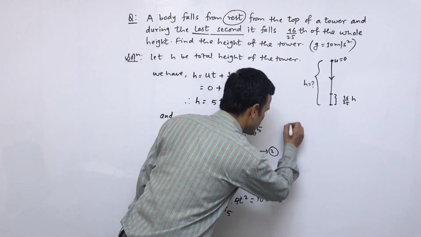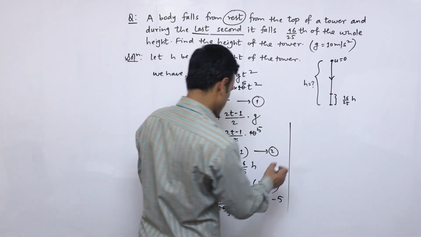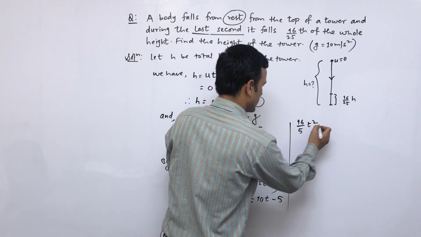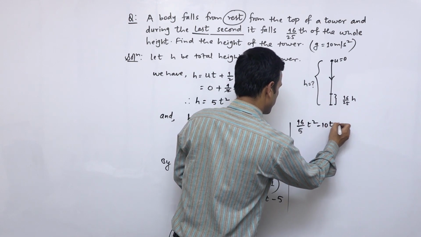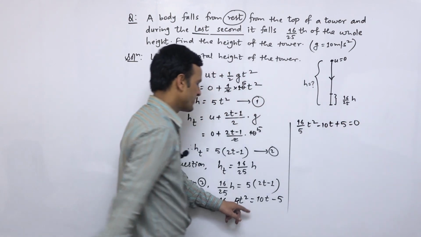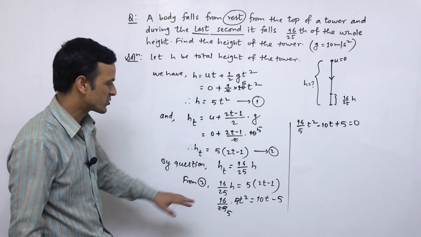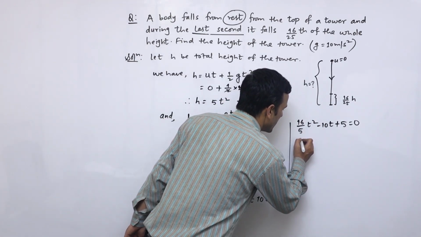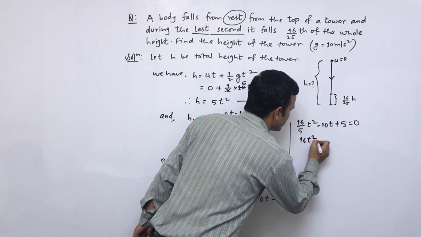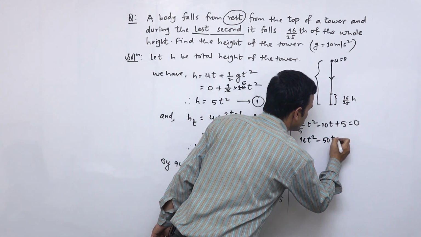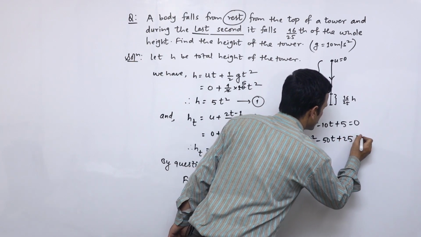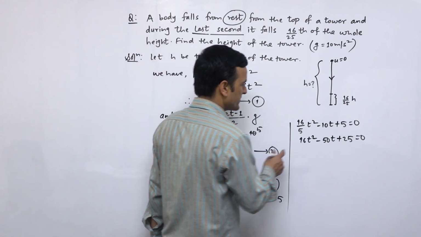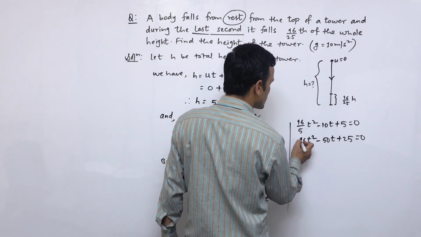And if you solve it, then we get this term. Look at here, 16/5 t square minus 10t plus 5 is equal to 0. So 10t र 5 पनि यतै ल्याउँ, is equal to 0 गरौँ. 16/5 t square. So if you take LCM, then 5 10s are 50, t plus 5 5s are 25 is equal to 0. So we can solve it now by factorization. 25 times 16 means what?